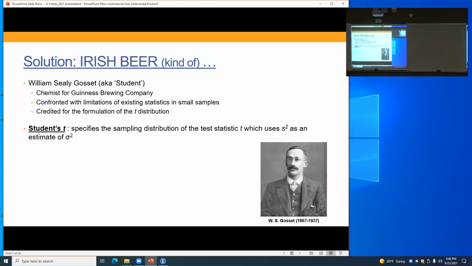Pre-Gosset, we were just using Z statistics, but things weren't turning out the way they should because I'm working with unknown population parameters. So what Gosset did was derive the formulation of this T distribution, okay? Our Student's T distribution specifies the sampling distribution of the test statistic T, which uses our sample variance as an estimate of the population variance.